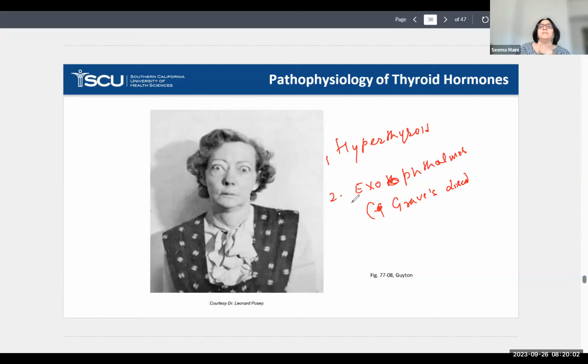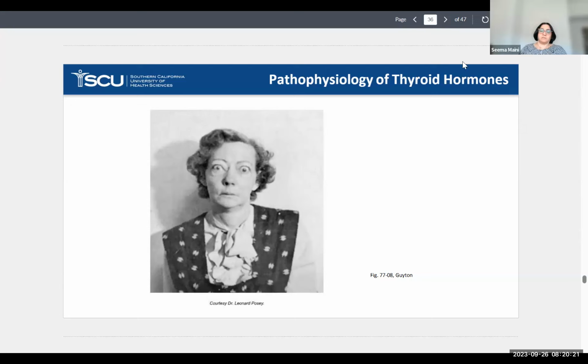It stimulates the thyroid gland, it causes goiter, it makes the thyroid gland function more. It also causes proliferation of the tissue in the retrobulbar space. And exophthalmos is seen only in hyperthyroid individuals with Graves' disease. So if you're looking at a hyperthyroid patient with exophthalmos, you can very well say it is Graves' disease. Then you're going to do an antibody profile and you're going to find that TSI in the blood.